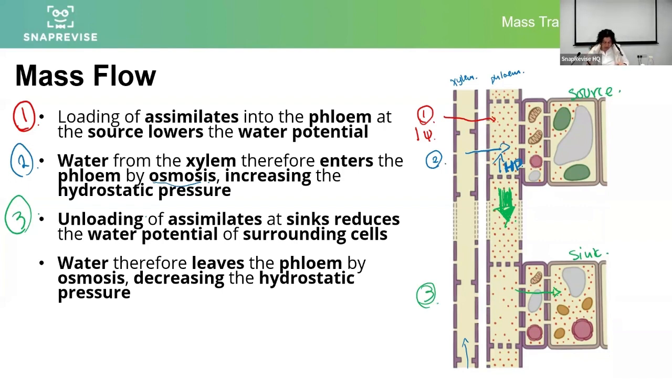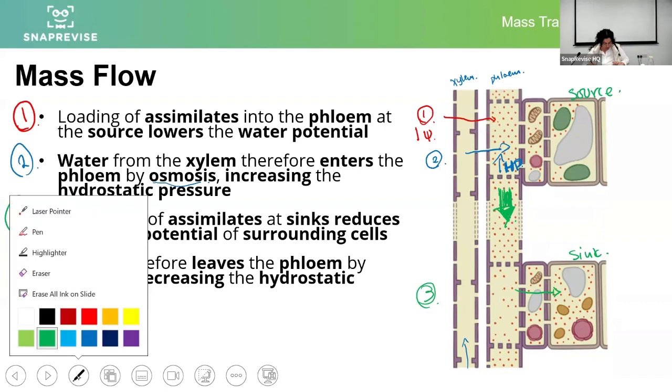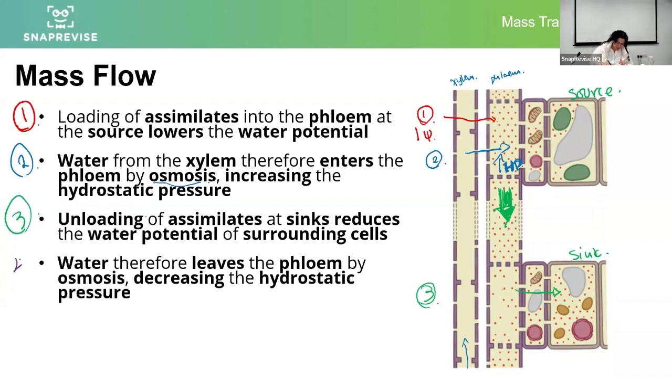What is that going to do? It decreases the water potential, so therefore, let me do yet another color, purple. Water is also going to leave the phloem. So number four, water is also going to leave the phloem and go into the sink. Why?